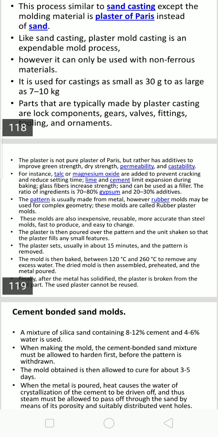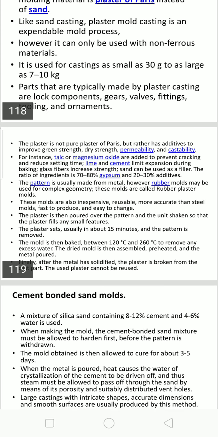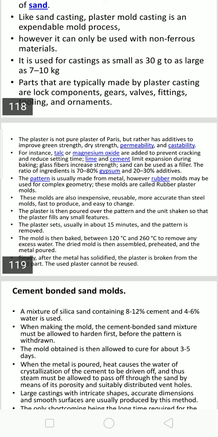The plaster is then poured over the pattern and the unit is shaken so that the plaster fills any small features. The plaster sets usually in about 15 minutes and the pattern is removed. The mold is then baked between 120 to 260 degrees centigrade to remove any excess water.